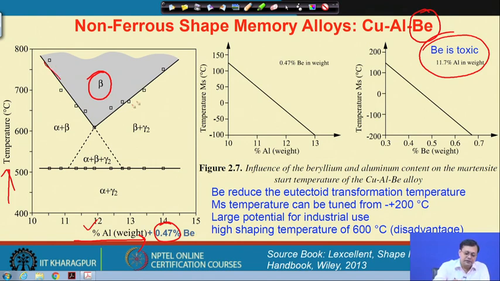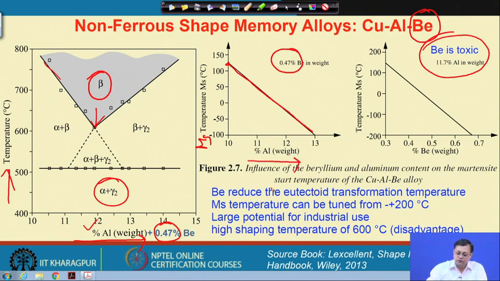So, this is the beta phase field and it will transform to alpha plus gamma 2. This is similar to the eutectoid transformation in the copper aluminum system that I discussed just a couple of minutes ago. So, if we choose 0.47% beryllium weight percentage, you can see that the martensite start temperature keeps on decreasing by adding aluminum content.